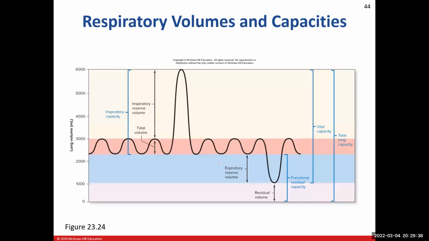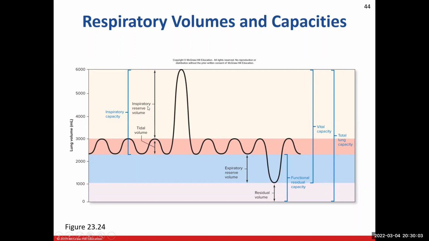So I'm going to show you here on a spirometer reading. You'll notice in the middle of our chart or drawing, here is tidal volume, these little waves here. Tidal volume is roughly going to be about 500 milliliters. Then I ask you to take a deep breath, a big deep breath.